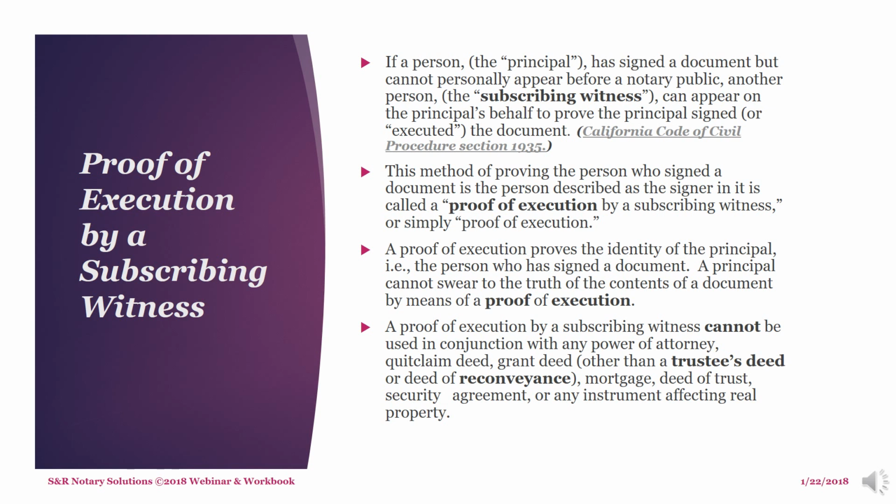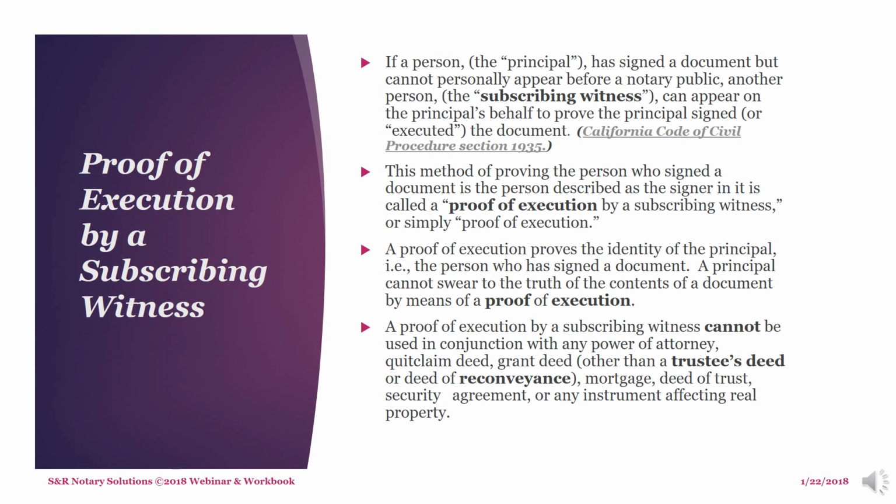If a person, the principal, has signed a document but cannot personally appear before a notary public, another person, the subscribing witness, can appear on the principal's behalf to prove the principal signed or executed the document.